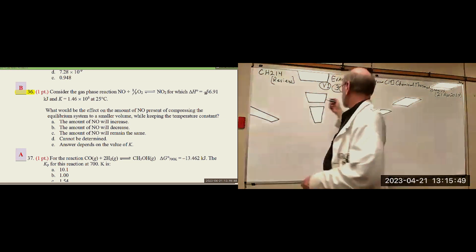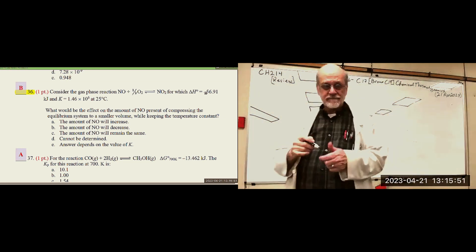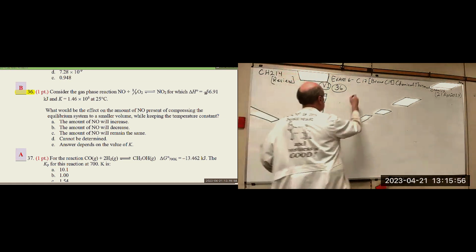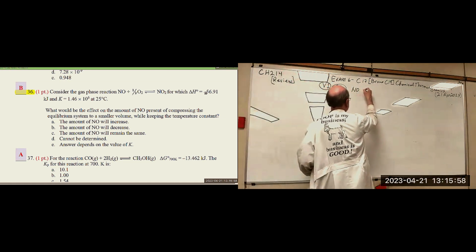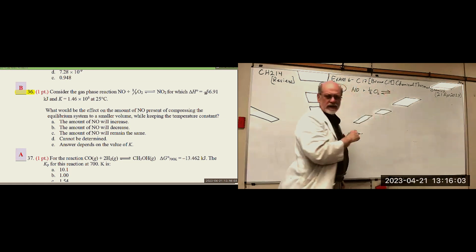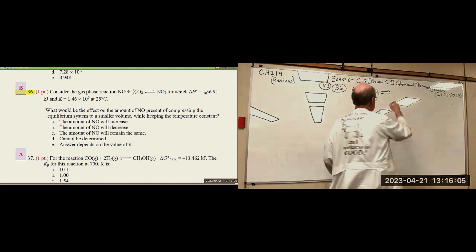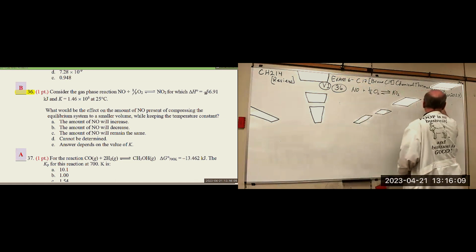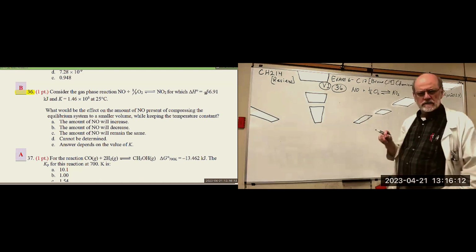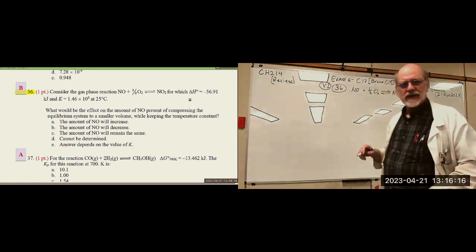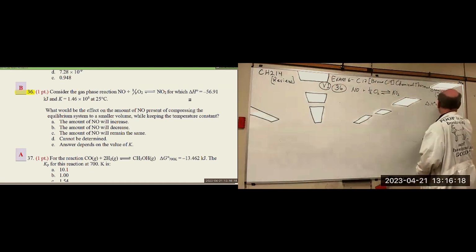All right, 36. Consider the gas phase reaction NO plus 1/2 O2 yields NO2. It says delta H zero is equal to minus 56.91 kilojoules.